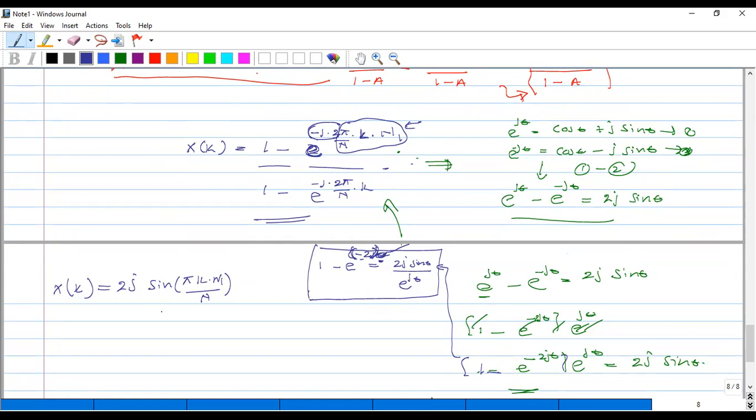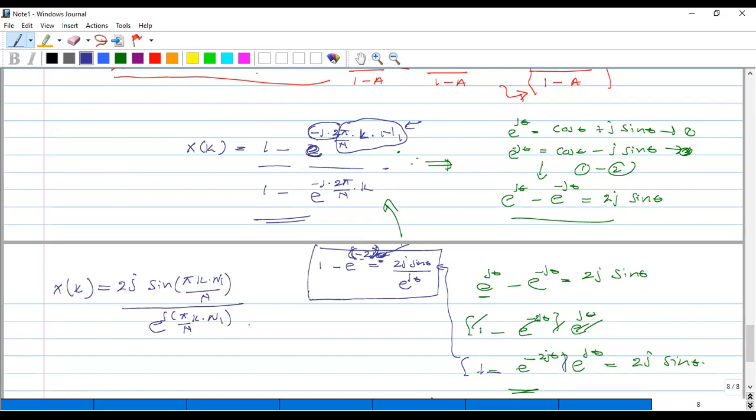And this should be divided by e to the j theta. Again, theta is 5n k n1. So this will be my theta.